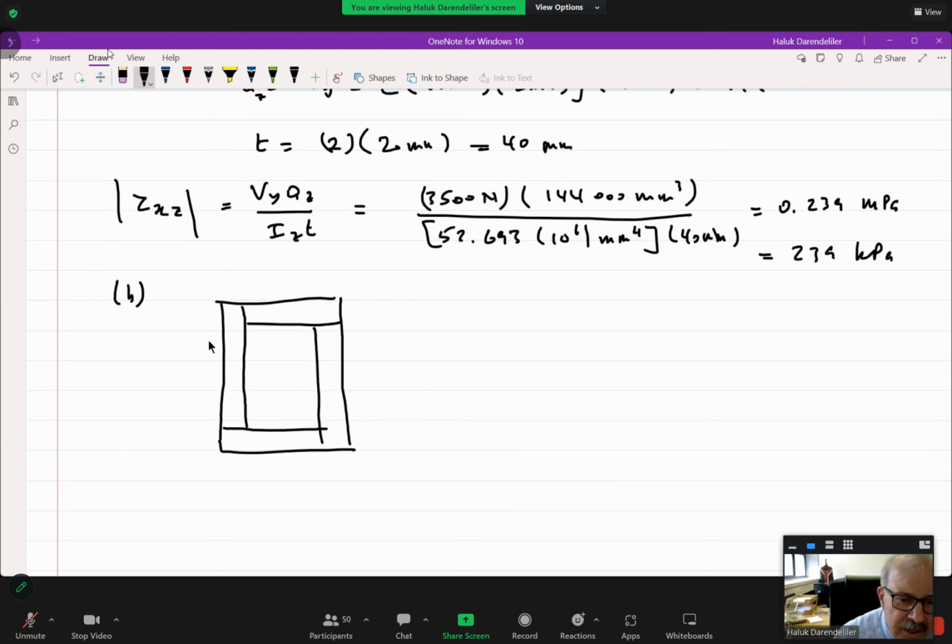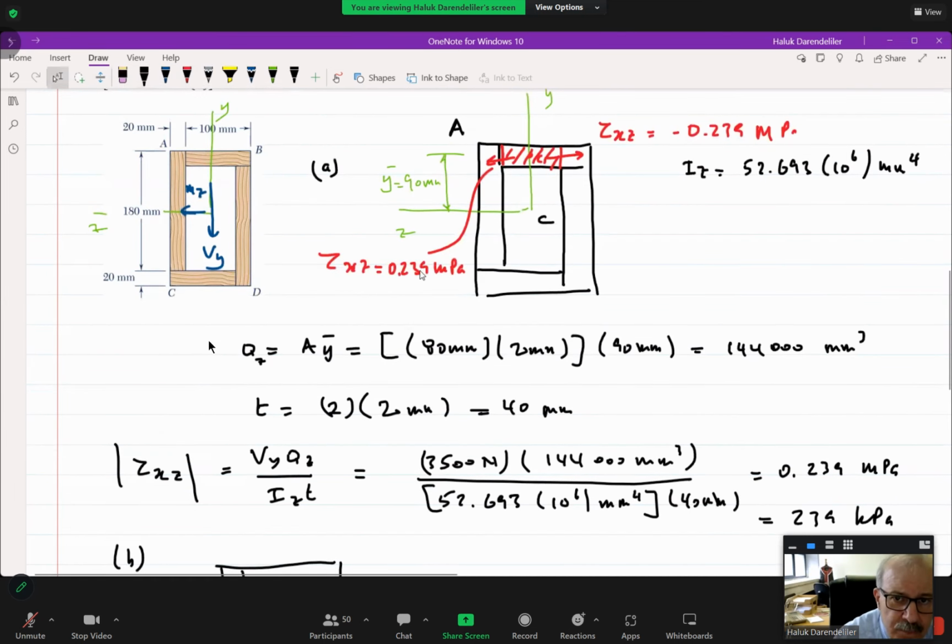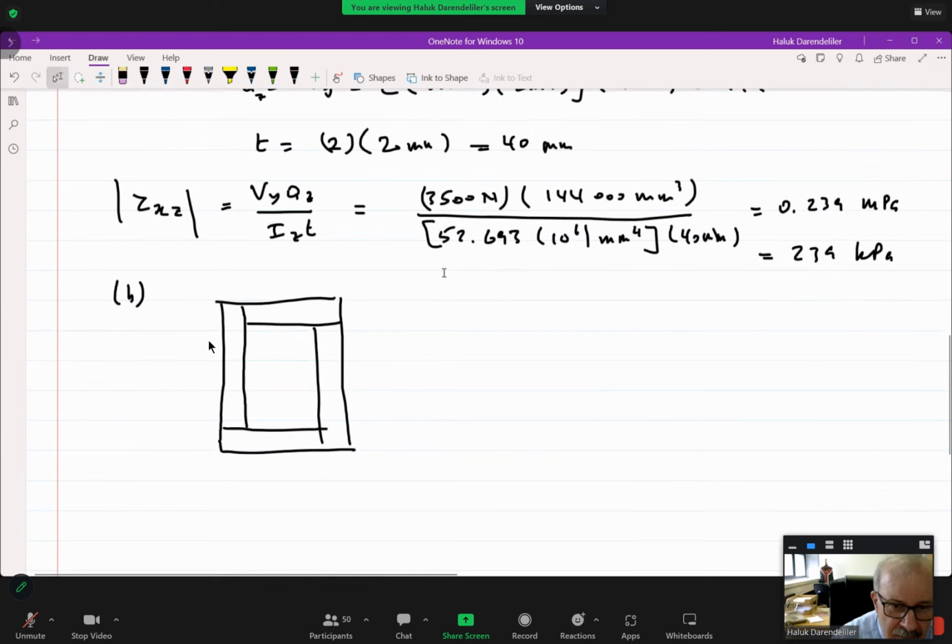Now, previously, we looked at A. Okay, now we are looking at B. In the first part, we looked at A. Now, we are looking at part B here. Now, again, we have the same coordinate system. This one and this one, right? This is Y and this is Z.